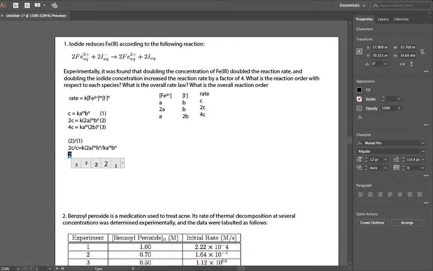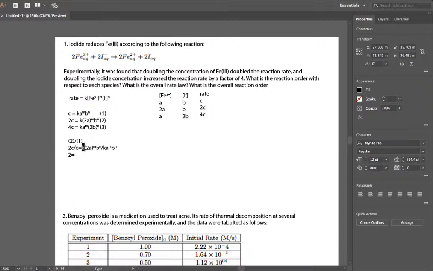So yes, 2C divided by C is 2. That would equal, the K here can be crossed, and this term and this term can be crossed, so that would be 1.